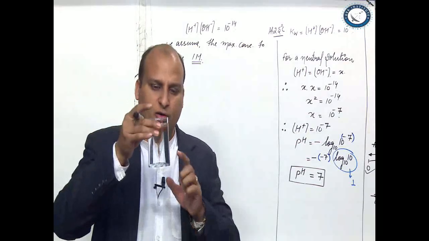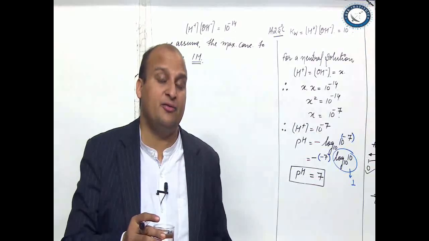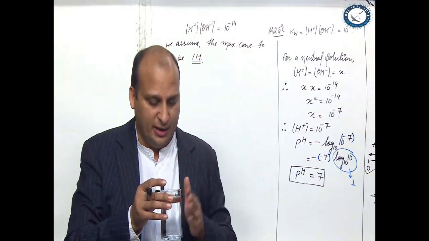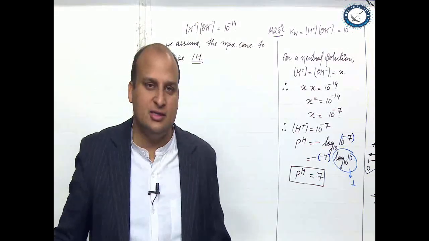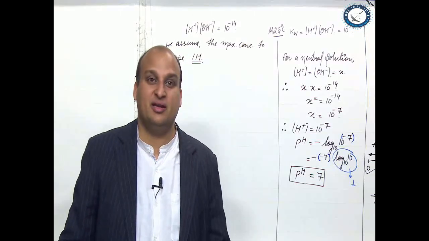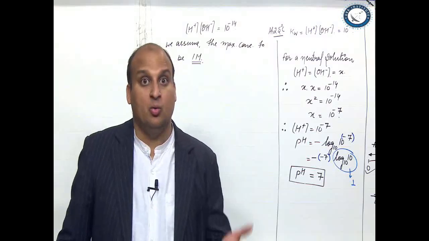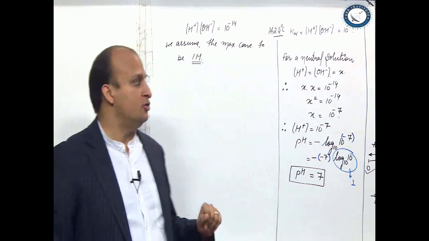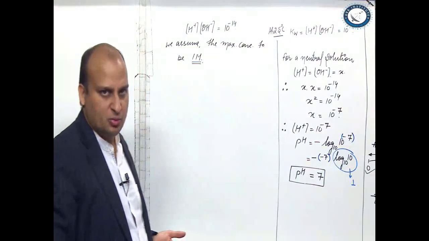Take 1 liter of water and add 58.5 gram of NaCl into it. How much? 58.5 gram NaCl. Add into the solution. And then just try to take 1 sip of it. You will realize what is the meaning of 1 molar concentration. It is very high concentration. So we assume that the maximum concentration of H plus or OH minus ion is 1 molar.